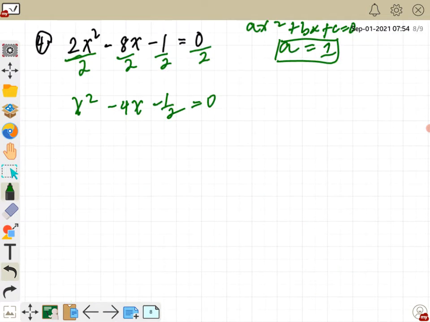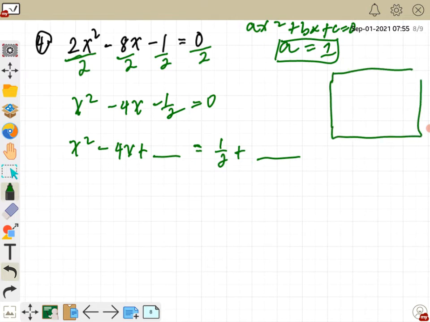We need to isolate negative 1 half. So we have x squared minus 4x. We need to add something. So what is that? The idea is just like this.